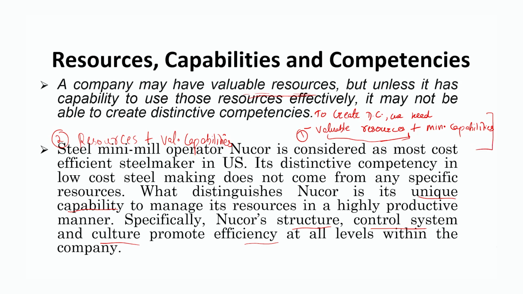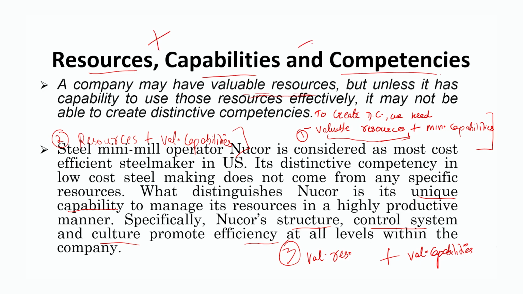Secondly, if you have minimum resources, then you need valuable capabilities to exploit the resources, as in the case of Nucor, and your distinctive competencies will be maximum when you have valuable resources and valuable capabilities. So this is the relationship between resources, capabilities and competencies. Resources plus capabilities lead to your distinctive competencies.